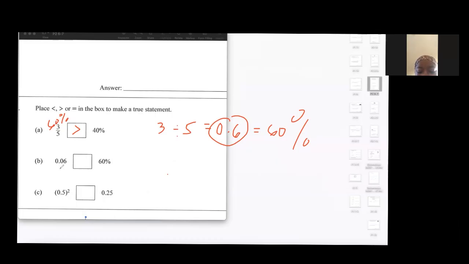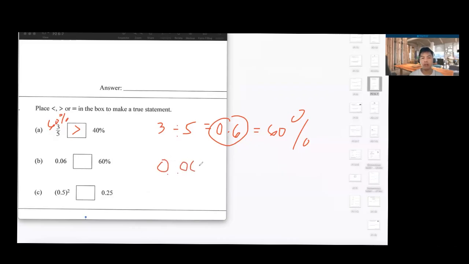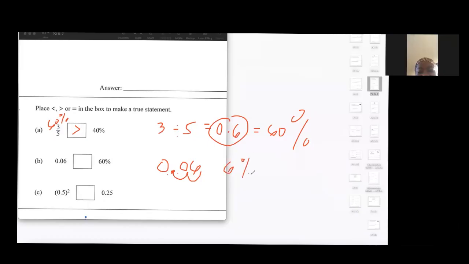When we convert 0.06 to percent, you move the decimal point twice, 2 times to the right. So that will be 6%, right? So this is 6%.